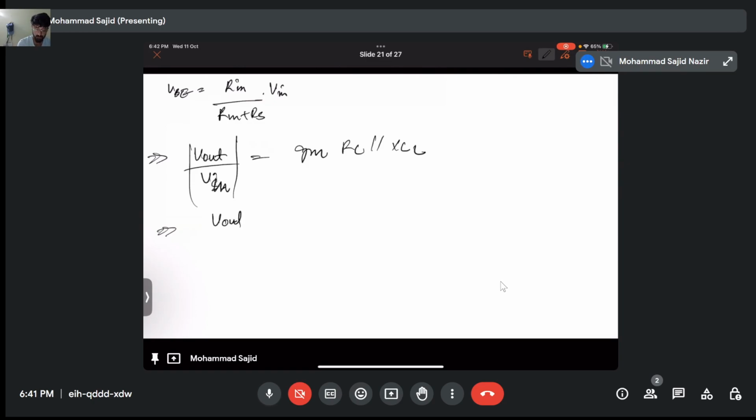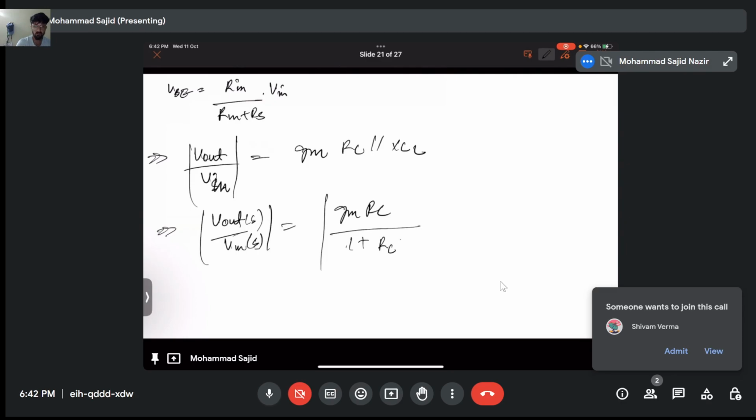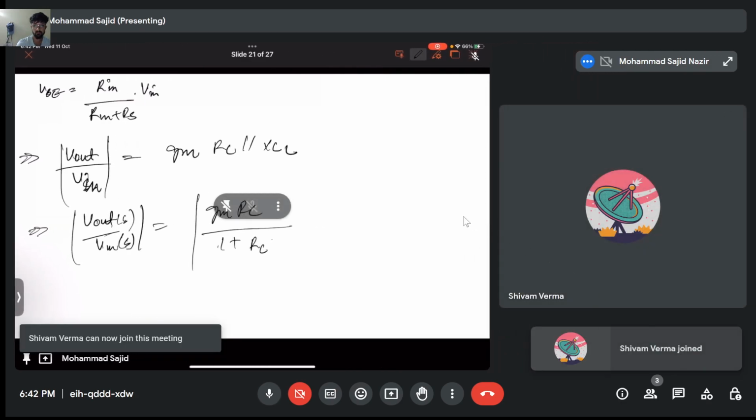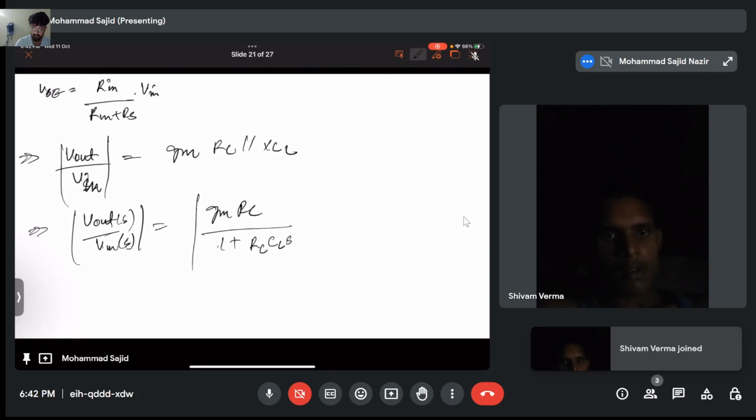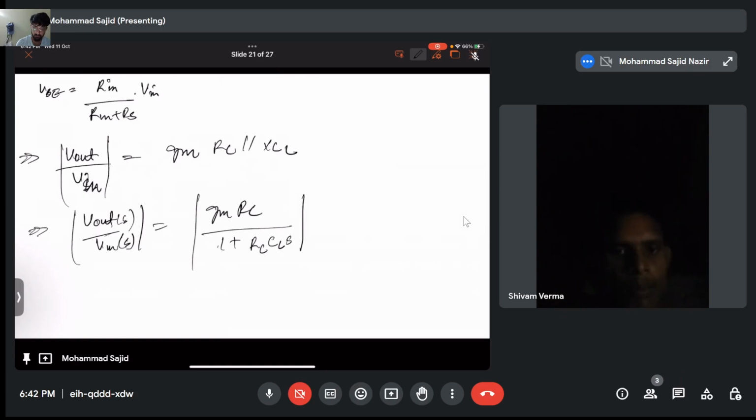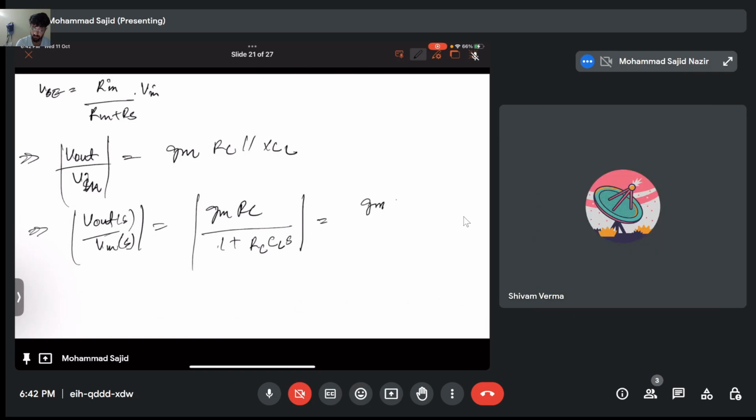So in terms of frequency or S term, we can write it as GM RC divided by 1 plus RC CL S. Okay, so taking the magnitude, you will get GM RC divided by square root of 1 plus RC CL S square.